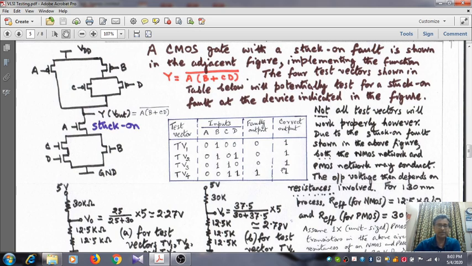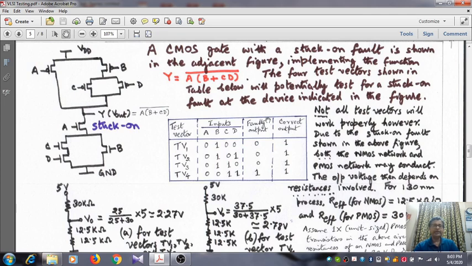So that means the faulty output and the correct output will be the same. Then TV4 is not a fit candidate for a test vector. You see that the test vector will be proper if we get different outputs, one for the faulty case and one for the correct case.